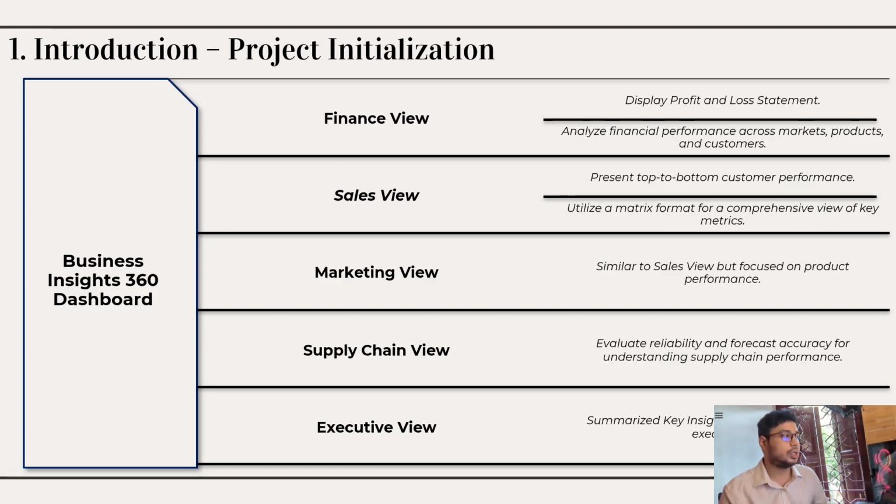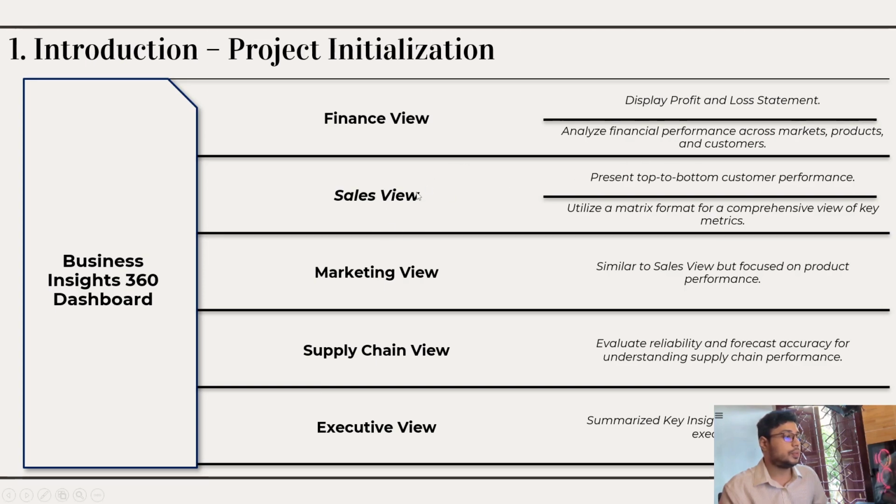So markets actually means the relevant countries. Products are Atlic's products, like computers, routers, keyboards and mouses. And customers are the different retailer stores or different e-commerce stores or distributors.